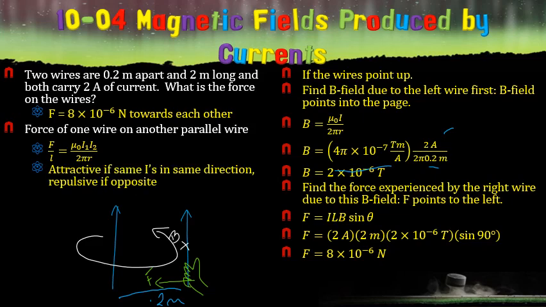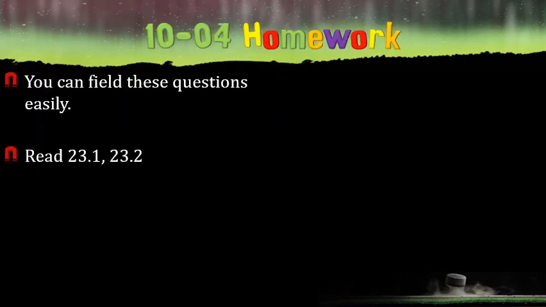It's attractive, meaning the wires want to go together if the currents are in the same direction, and repulsive if the currents are in the opposite direction. So instead of doing this long problem like we just did, you are welcome to simply use this formula instead. That's all we have for now.